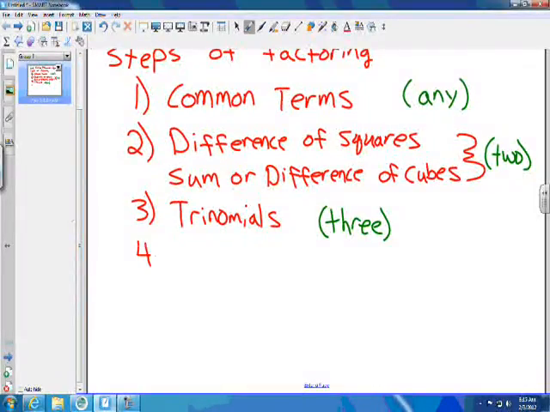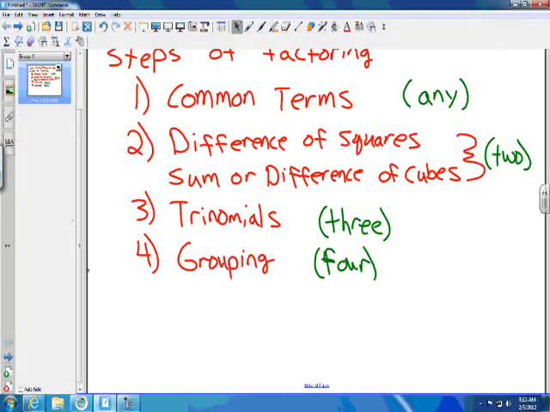Grouping. So step 4, which is again new, we didn't do that, is grouping. And how many terms are involved there? 4 or more, and for the most part, it's going to be 4. You have 4 terms. So those are the 4 steps you will go through.